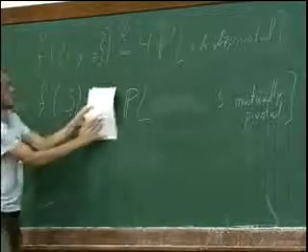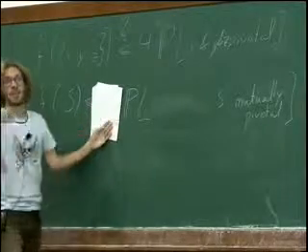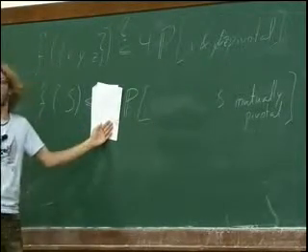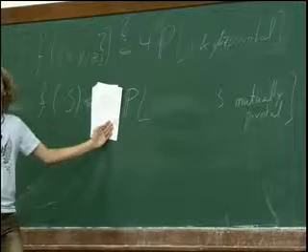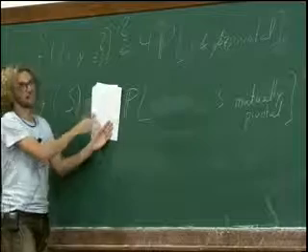You won't even need this constant. And then you do the same thing by averaging over all the inputs outside of S to get this.